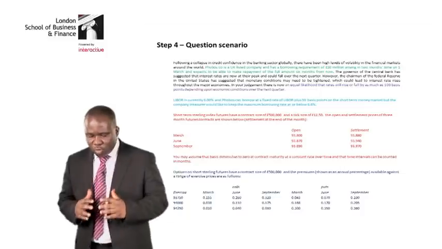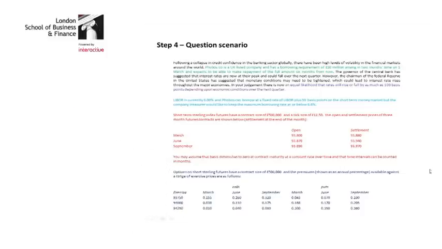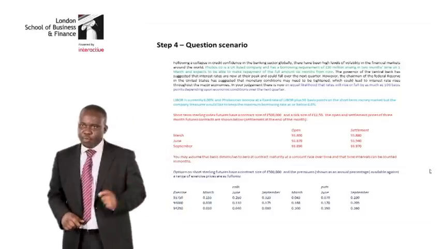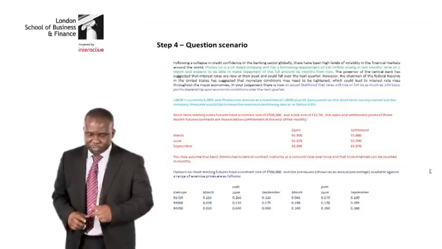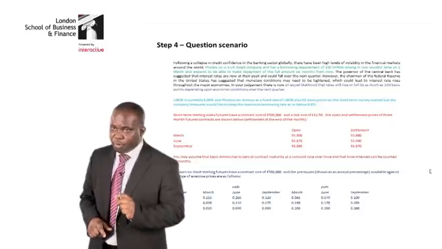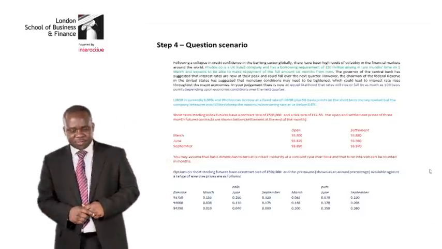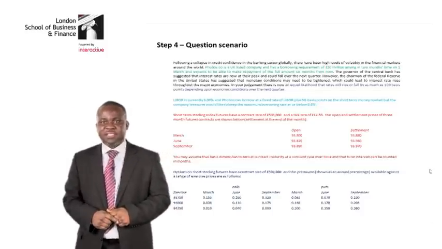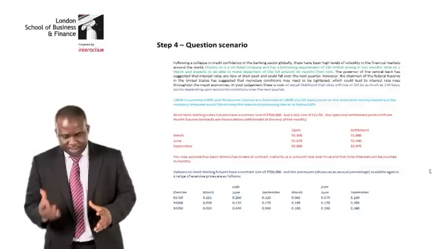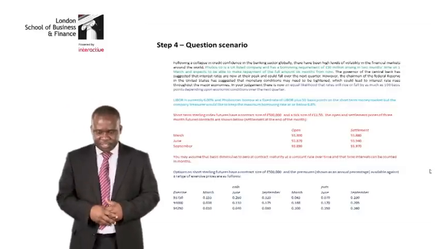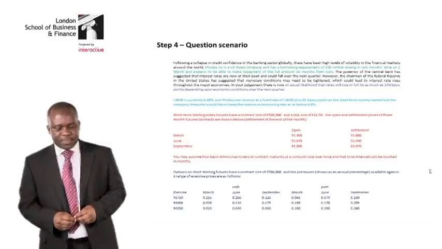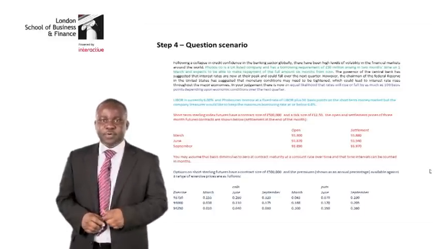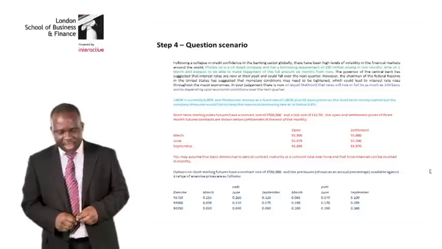Then another important aspect you need to note is that LIBOR is currently 6%. And Forbes Co. can borrow at a fixed rate of LIBOR plus 50 basis points. If it is 50 basis points, it means they can borrow at LIBOR plus 0.5%.